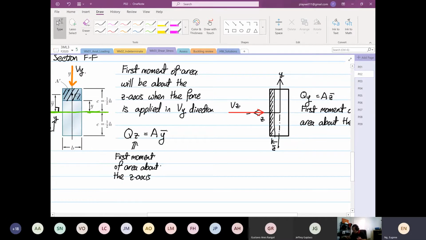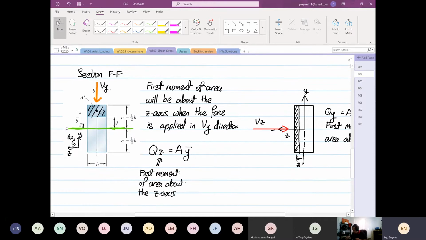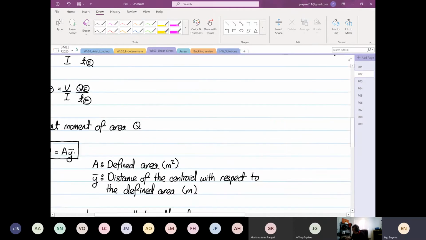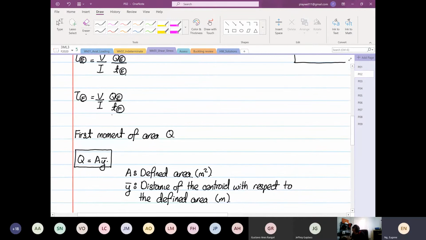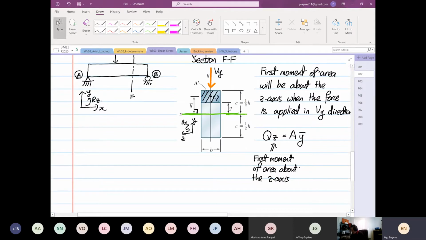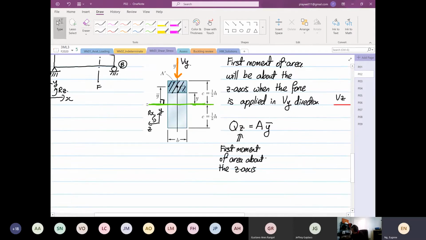Then another thing to take note of, if we look at the formula, especially when we have a formula with a thickness in consideration. For this case, what is the thickness? The thickness is equal to b.